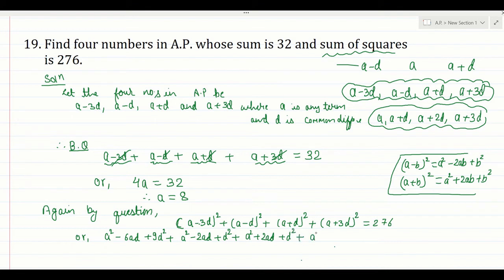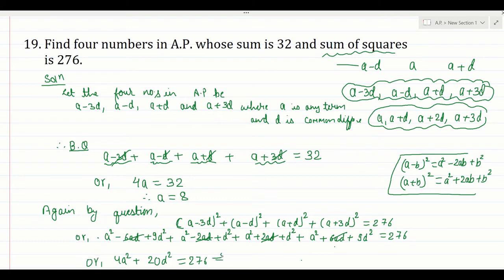Here we have a square plus 6ad plus 9d square is equal to 276. Now minus 6ad and plus 6ad cancelled, minus 2ad and plus 2ad cancelled. So we are left with 4a square plus 20d square equal to 276, isn't it? Please take your time to go through this line.